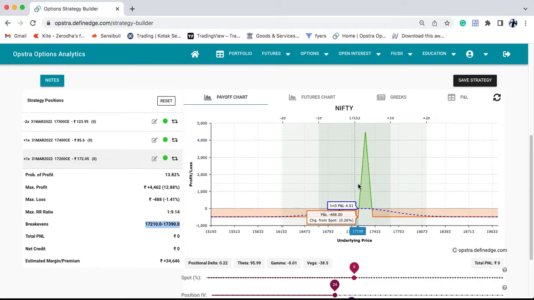If it closes in this green zone, then you will make a profit. One of the main advantages of the butterfly strategy is your loss is very less. You know what your loss is, and you don't have to keep tracking where the market is moving. You can just initiate this strategy and leave it. You can see at the time of expiry where it is. If it is in profit, well and good, you can close it.